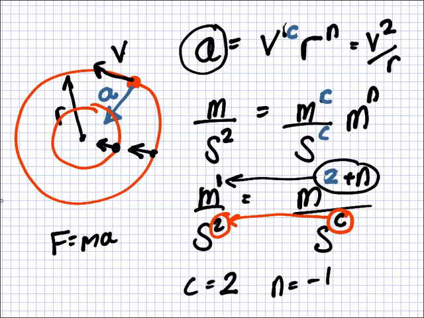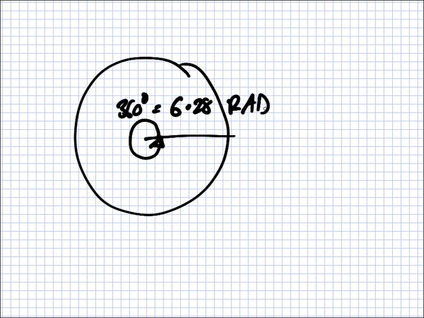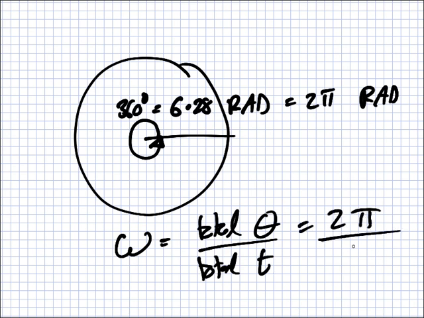Omega? No problem. So, this angle here is 360 degrees, or that's 6.28 radians, which equals 2 pi radians. So the omega would be the total theta over the total time, which is 2 pi over t.